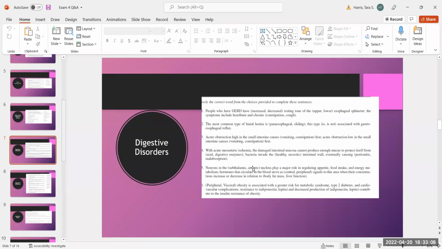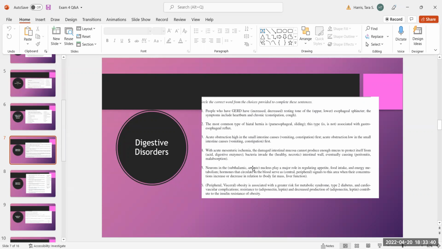Okay. And then which will eventually cause either malabsorption or peritonitis? Peritonitis. And remember, it's peritonitis because this is already ischemic and there's bacteria there. So peritonitis is an infectious disease process.